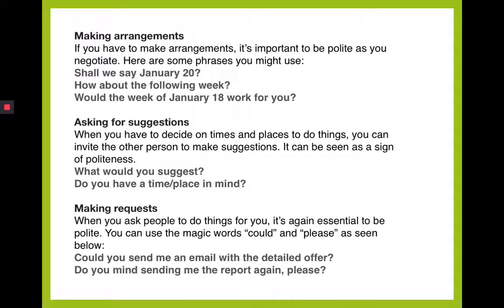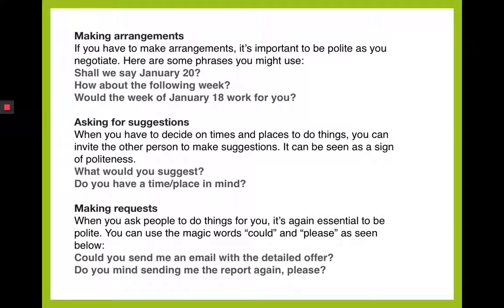Okay, making arrangements. Sometimes while you are making inquiries, it involves making arrangements. It's important to be polite as you negotiate. Here are some phrases you might use. So, shall we say January 20th? How about the following week?